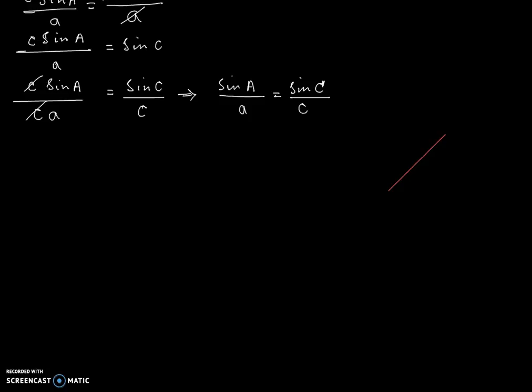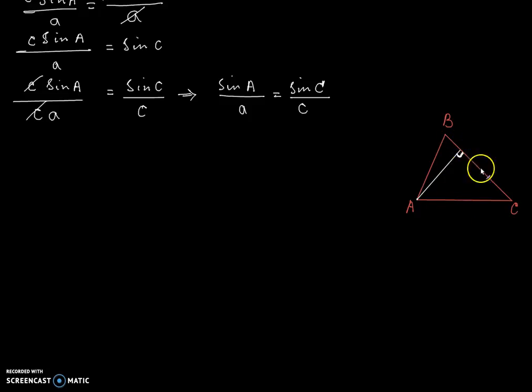So if I had this triangle over here, and now if I dropped a perpendicular from this vertex this time, let's say this is A, this is B, this is C. If I did that, I would have the perpendicular, and this is 90 degrees.